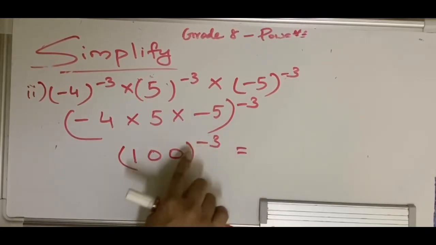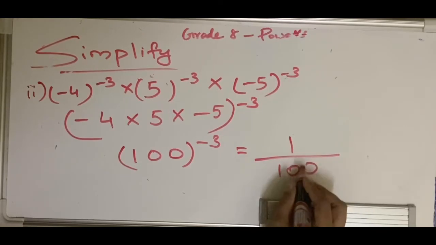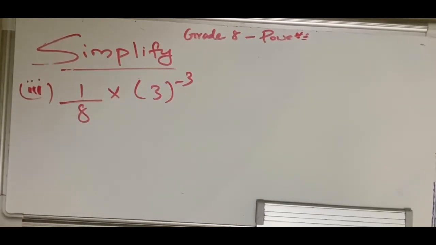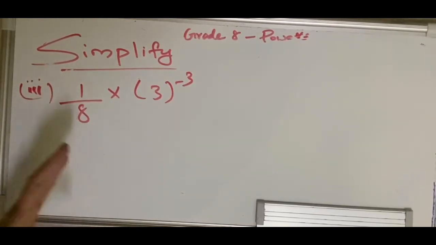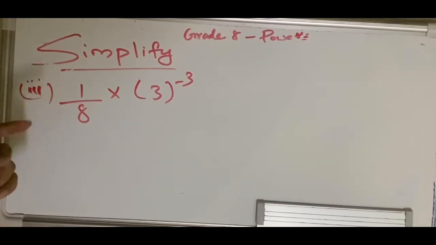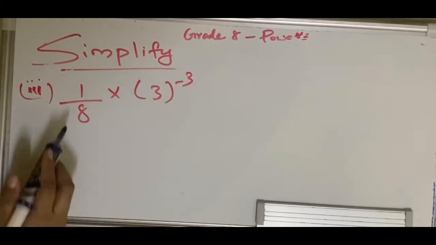Again, since we have a negative exponent, we can simply take the reciprocal of this number, thus 1 by 100 raised to positive 3. Clear? So our third question, since we want a final answer, we want to simplify this and we need a final answer in one exponent. So here I know that we have the second term 3 raised to minus 3, and 1 by 8.